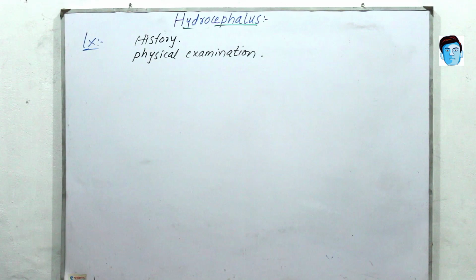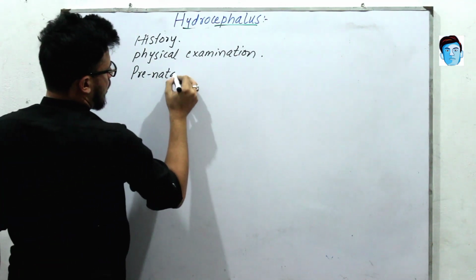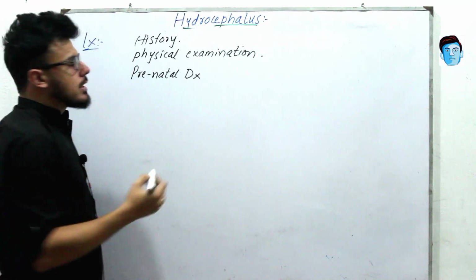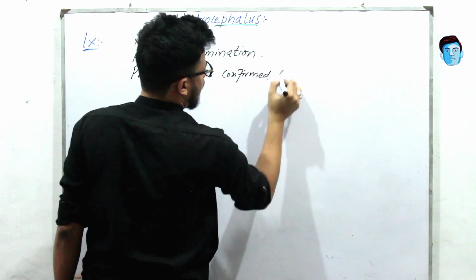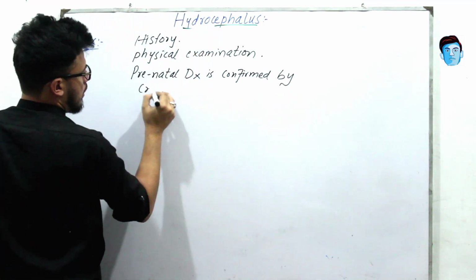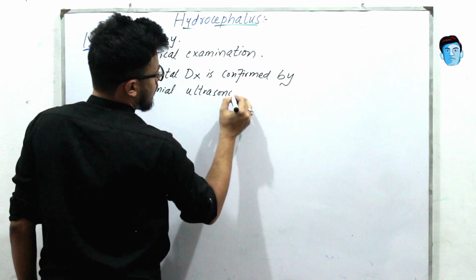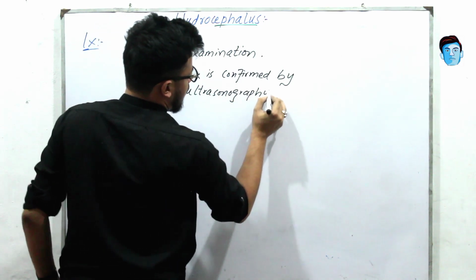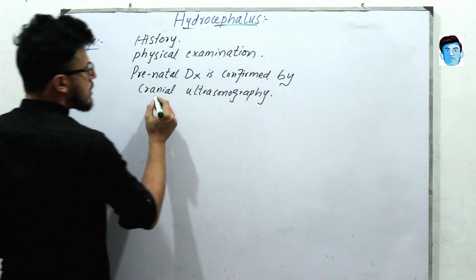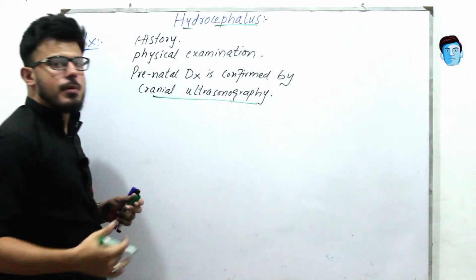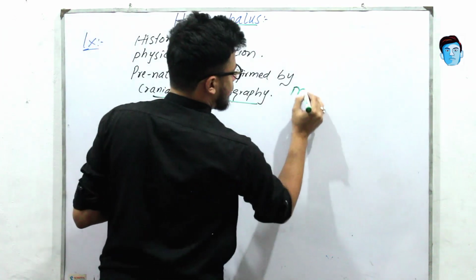The prenatal diagnosis is confirmed by cranial ultrasonography, while in an adult the confirmation is done by MRI.